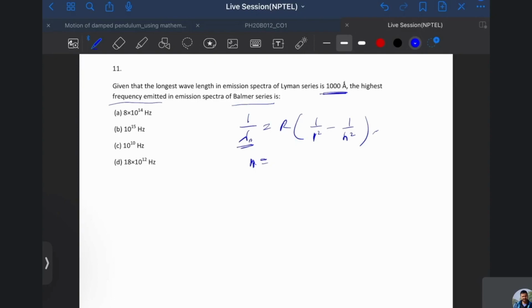We need lambda max. Is it infinity? Infinity? No, wrong. For the minimum wavelength, infinity is correct. For the longest wavelength, maximum wavelength, n is equal to 2, right? Yeah. Thank you, Devangala.